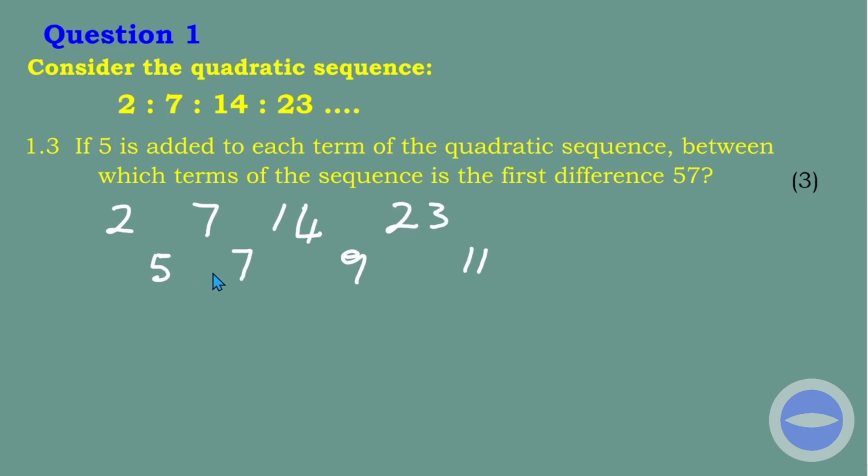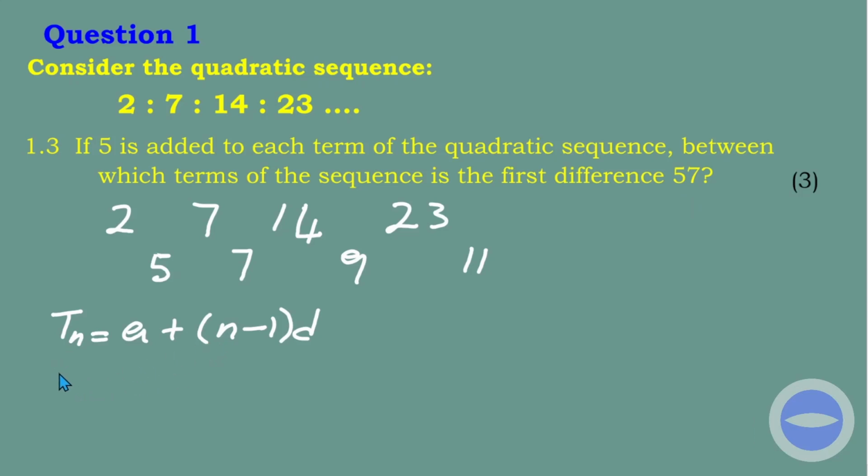So from the linear sequence we have to find where the value is 57. We have to find the term number that gives us 57. Because it's a linear sequence, the general formula is Tn equals a plus (n minus 1) d. We already have Tn; what we are looking for is n.